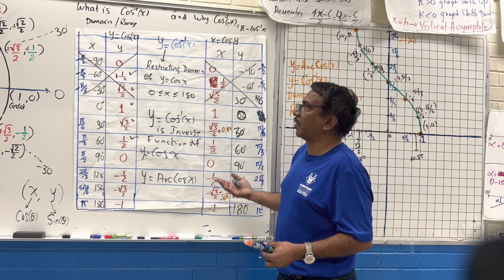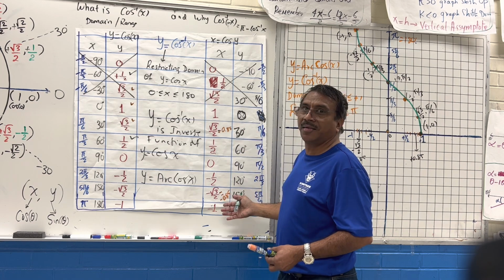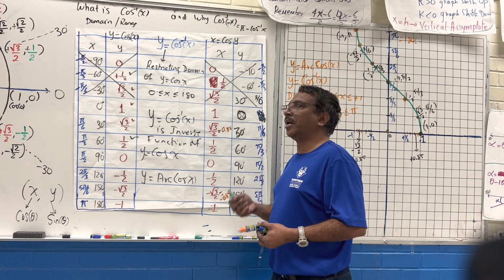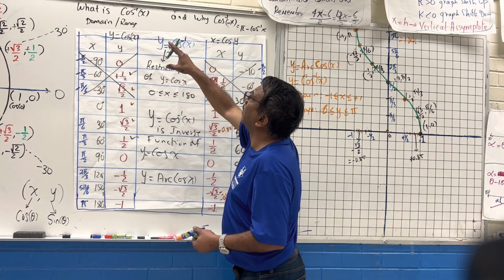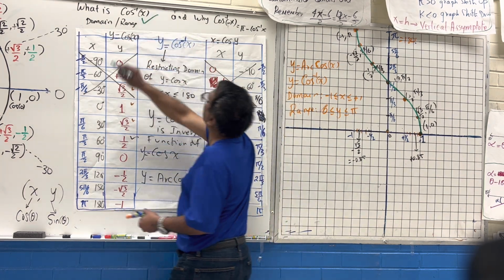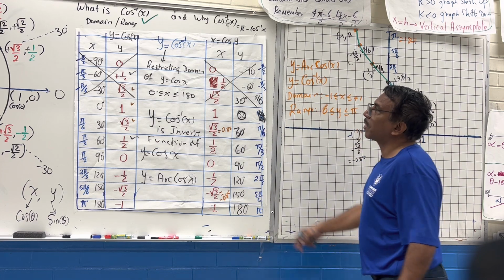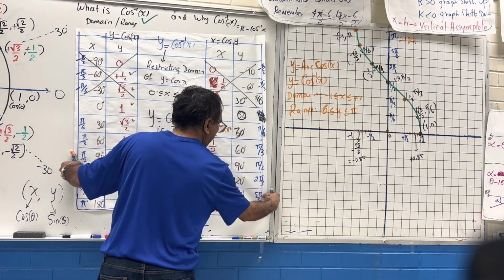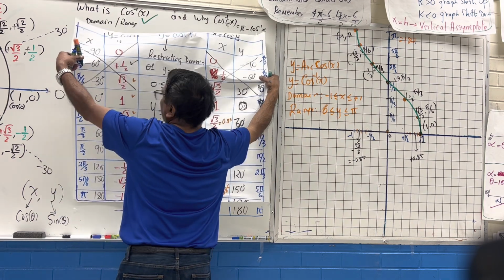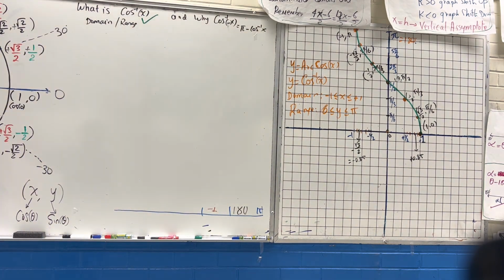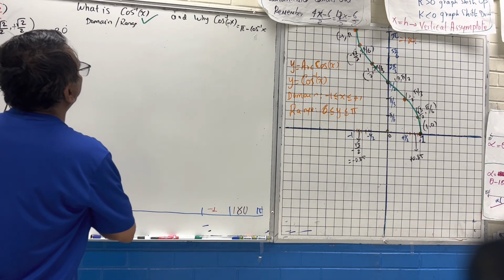So that one relation becomes a function, and that's why cos inverse exists. We graphed this, and now the last part of this video is y equals cosine inverse of x. The next part is we'll see y.